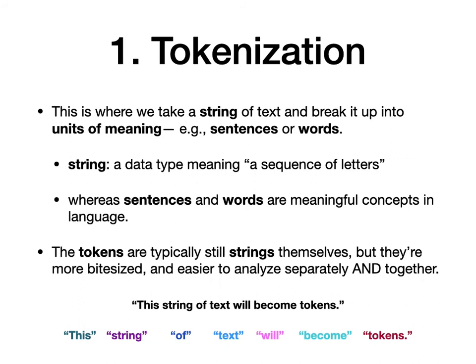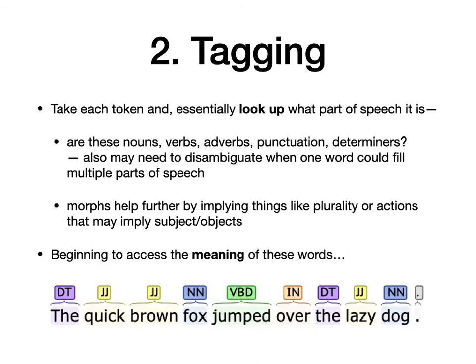Even the period should be cut off the end there, but that's the idea. So taking a big block of text string and turning it into meaningful units. Next step of this process is tagging. So you take each of those tokens and you look up what part of speech it is. Are these things nouns? Are they verbs, adverbs, punctuation, determiners, all these fun things of the syntax part of speech, right?